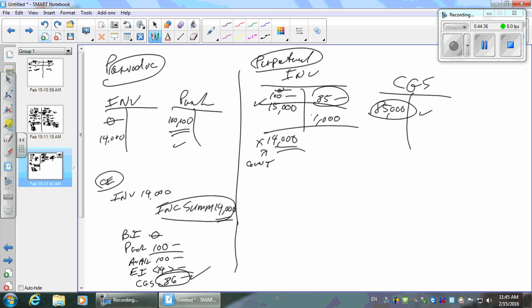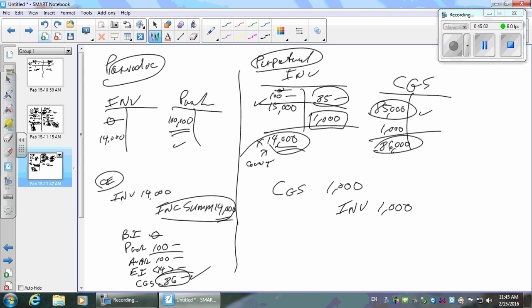Two things you could do. I know 1,000 is missing, so I've got to reduce the inventory from 15 to 14. So I could reduce the inventory by 1,000, and if I think this is an immaterial amount, I could debit cost of goods sold. So I'm now going to make cost of goods sold 86,000. Got the idea? I just added to the cost of goods sold, and I've got the 14 in here.